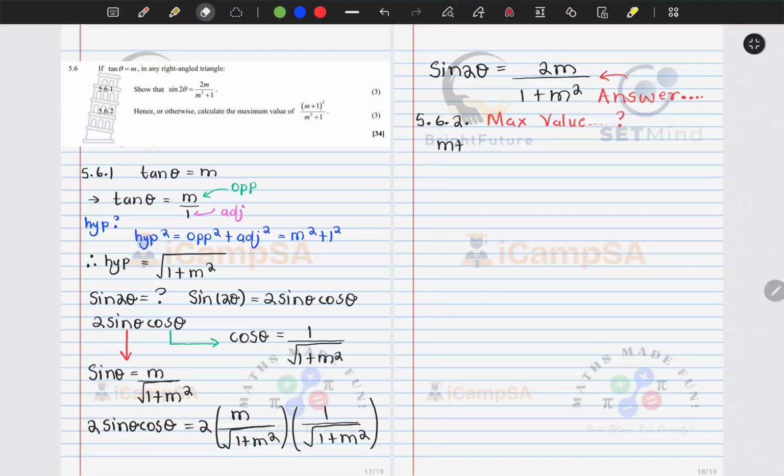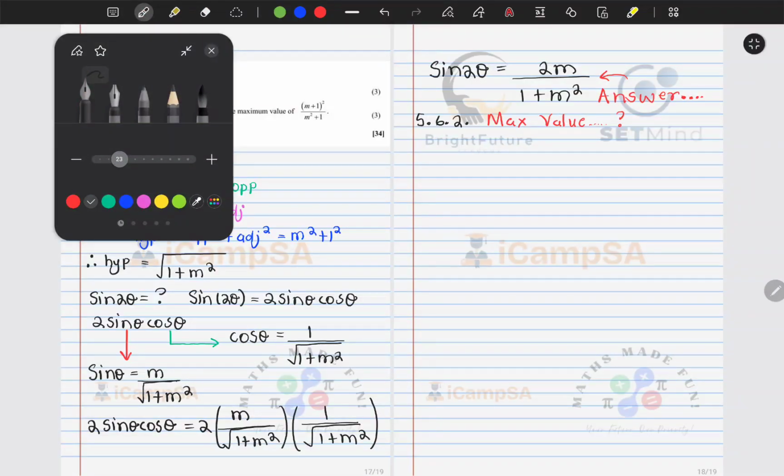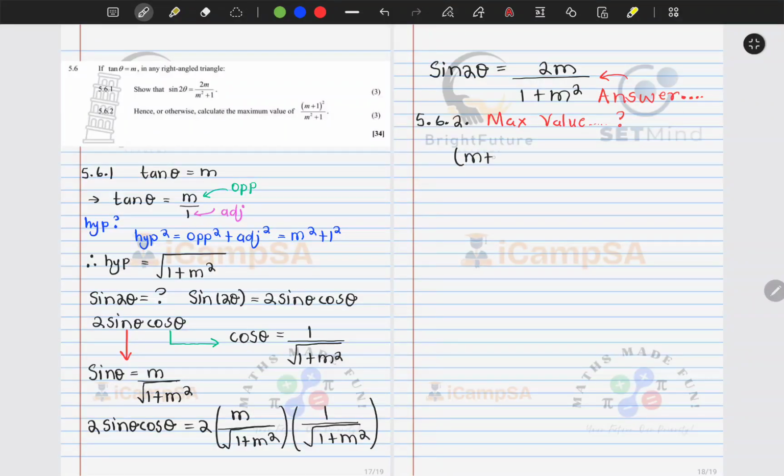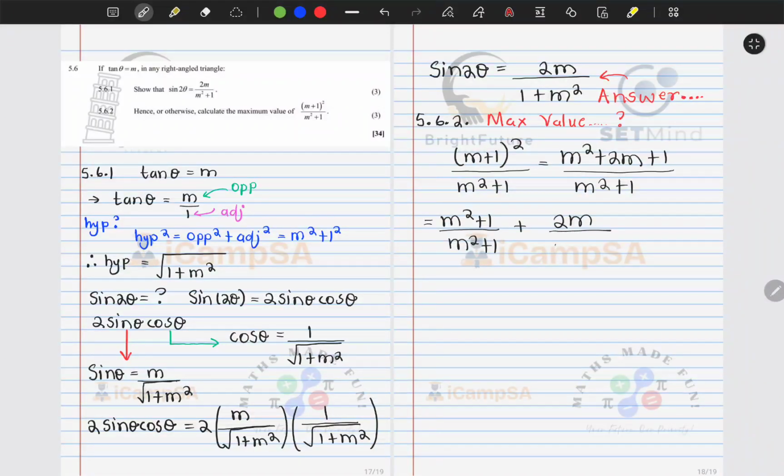So others would go and try and use their calculus skills, but what I'm going to do is very simple. We have m plus 1 all squared divided by m squared plus 1. So if you expand the numerator, you'll end up getting m squared plus 2m plus 1 divided by m squared plus 1. And if you look carefully, you can separate this. You can have m squared plus 1 divided by m squared plus 1, then plus 2m divided by m squared plus 1.